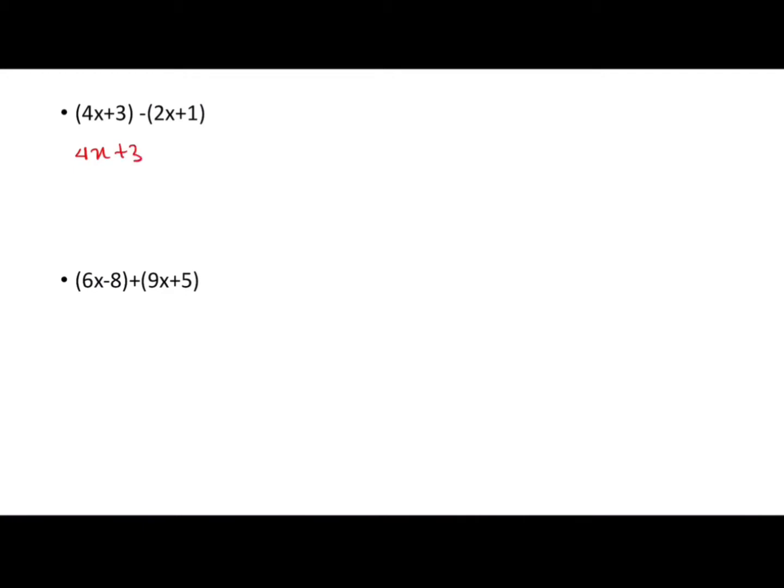Now negative should be multiplied with the second expression, so positive negative is negative 2x, and negative positive is negative 1. Now like terms we will solve first. So we have 4x minus 2x, so 4x minus 2x is 2x.